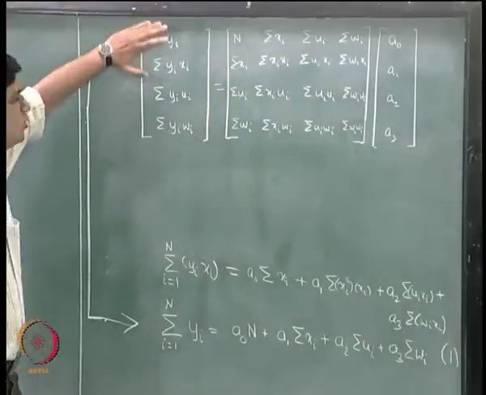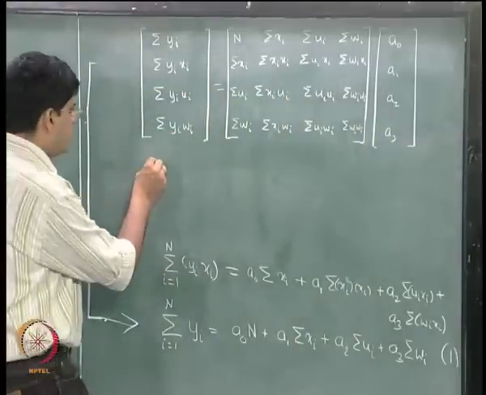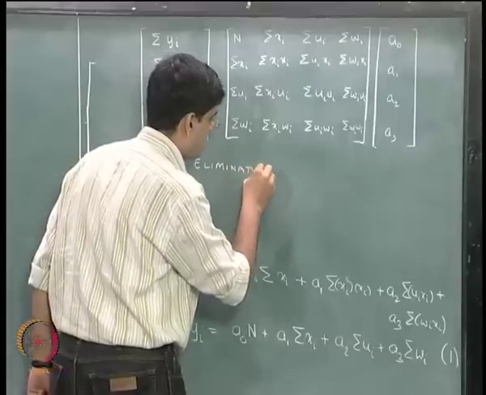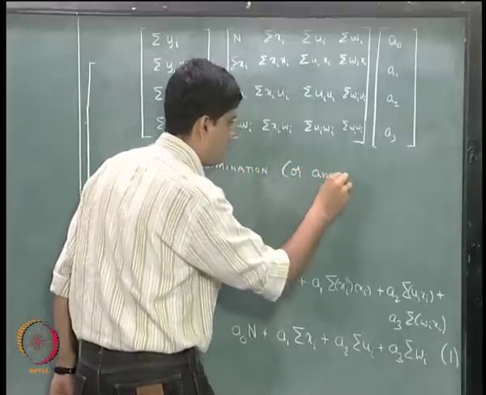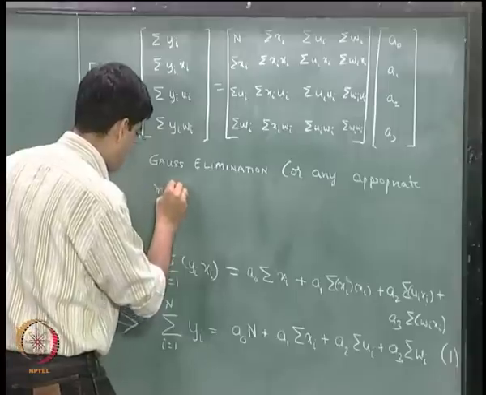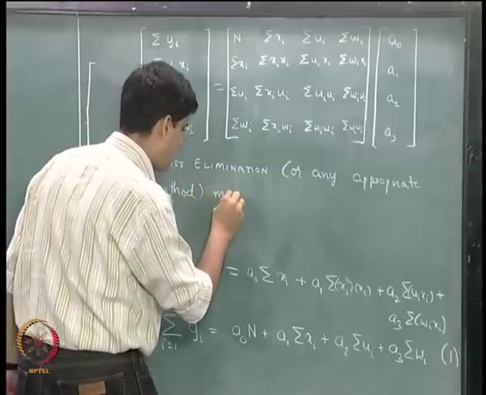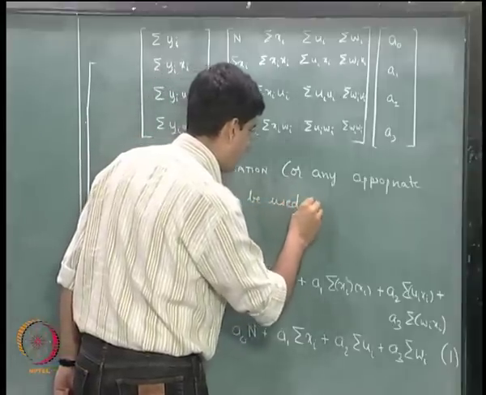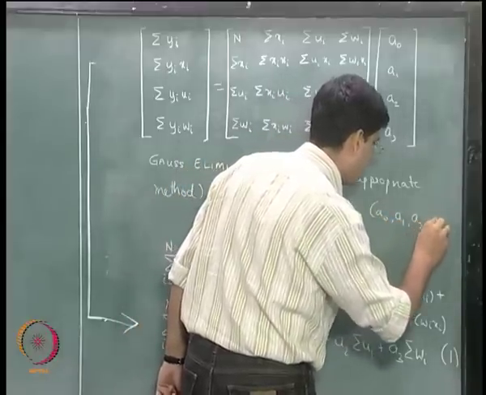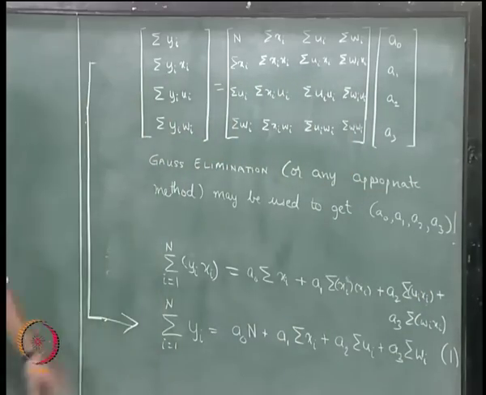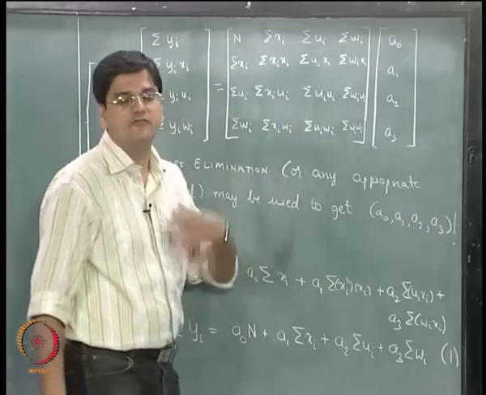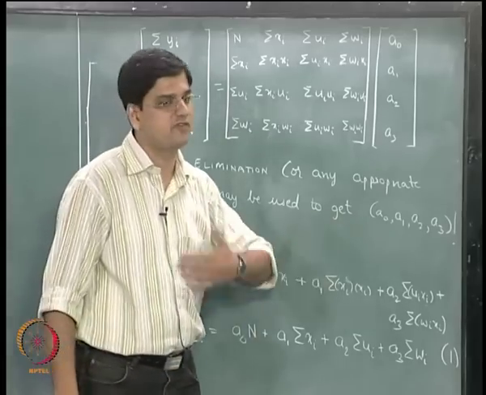Okay, and now we can use any of our methods such as Gauss elimination, or any other appropriate method to get A0, A1, A2, A3, or if we have even more independent variables, A4, A5, A6 and so on and so forth.